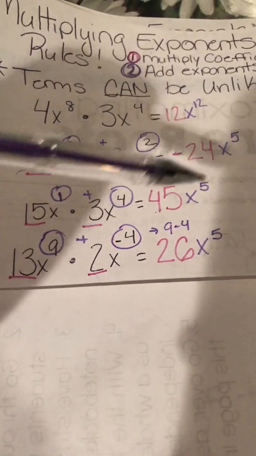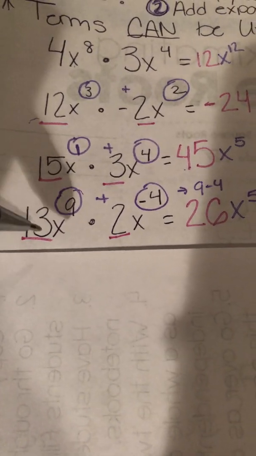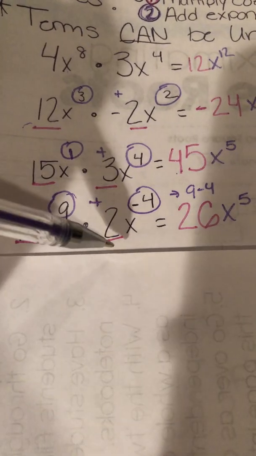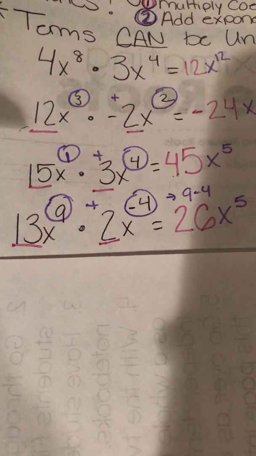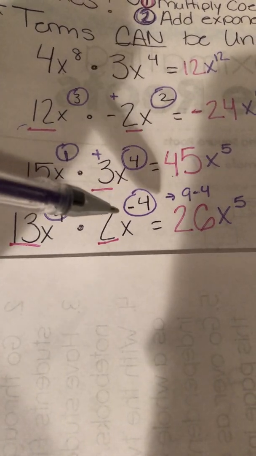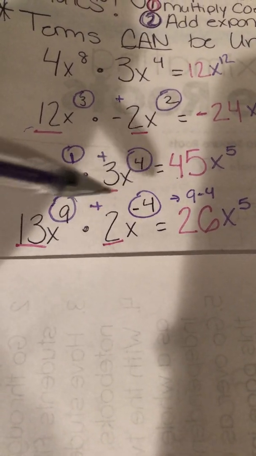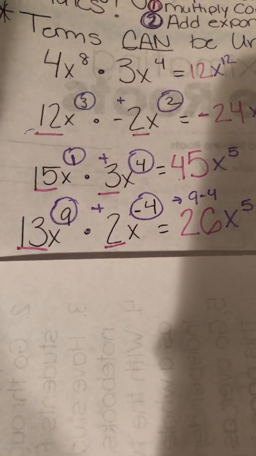Wow, 3 answers in a row where it's x to the 5th. That was not intentional. Okay, so 13x to the 9th times 2x to the -4th is 26x to the 5th. So even though we're doing multiplication, technically we're supposed to add the exponents, but in this case, because of this negative exponent, we added a negative.